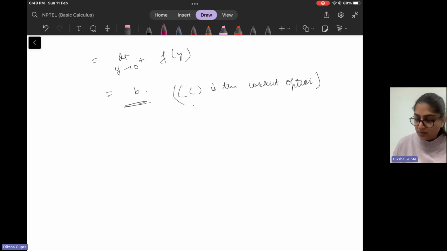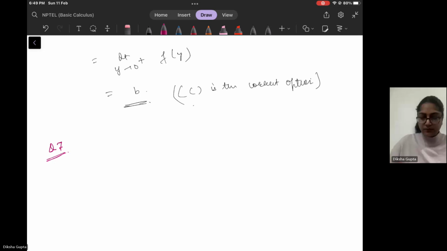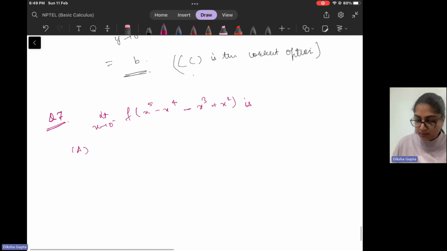Okay. Question number 7. Limit x tending to 0 minus f of x^5 minus x^4 minus x^3 plus x^2 is again the same function but a different limit, 0 minus, the left hand limit.